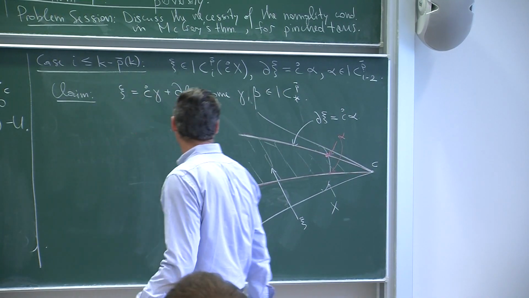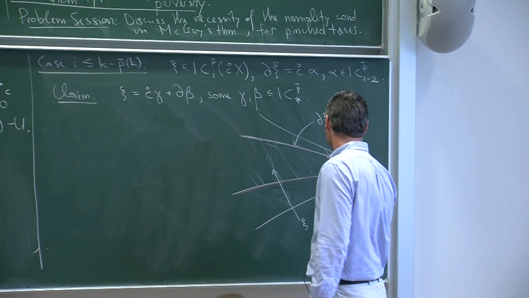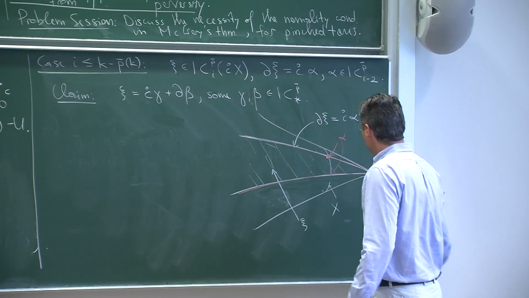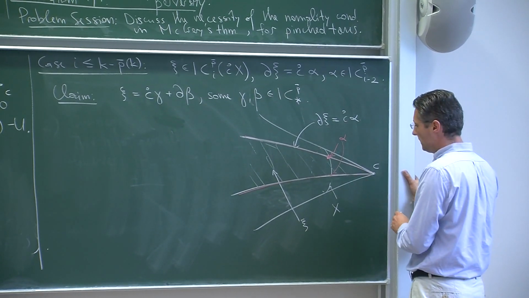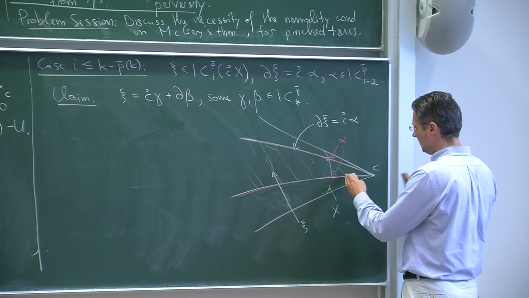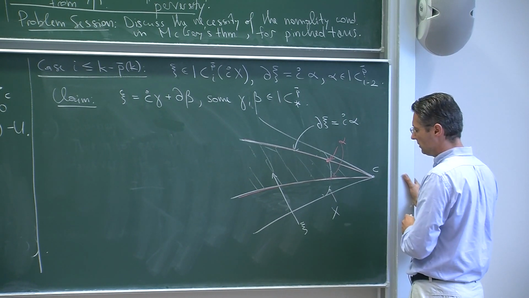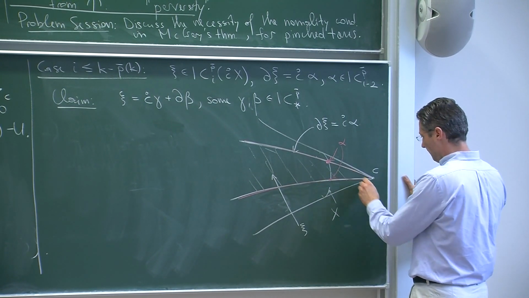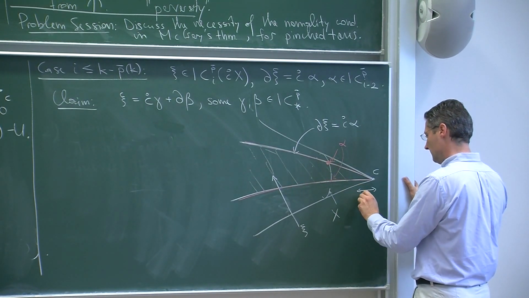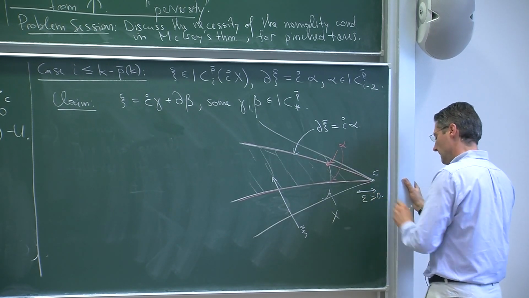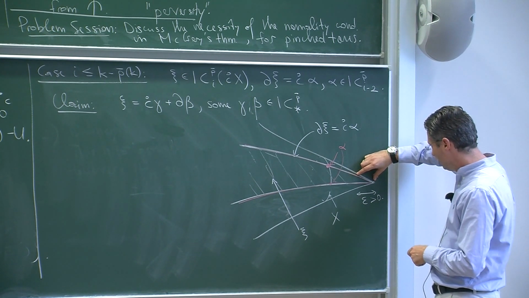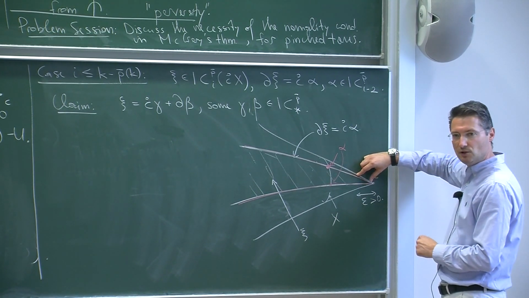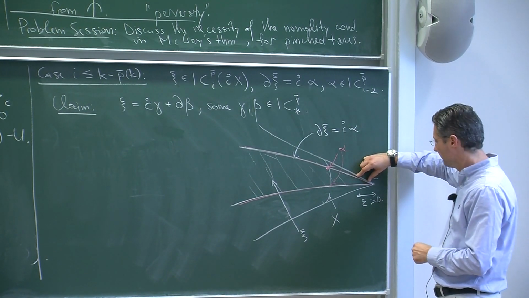So now the argument runs as follows. Well, again, this chain is simplicial with respect to some locally finite triangulation of this cone. So if I go sufficiently close to that cone point, the chain is guaranteed to look like the cone on something, right?